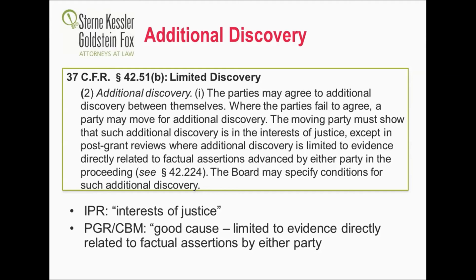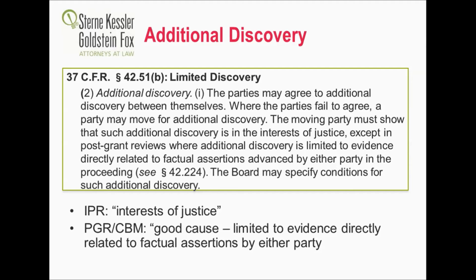And as a patent owner, it's very challenging and almost impossible to get secondary evidence that's not under your control through a PTO proceeding. And re-exam, I think it was really not possible.